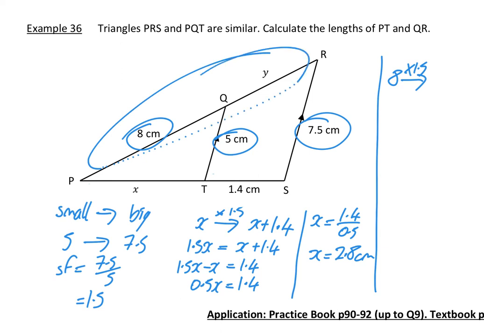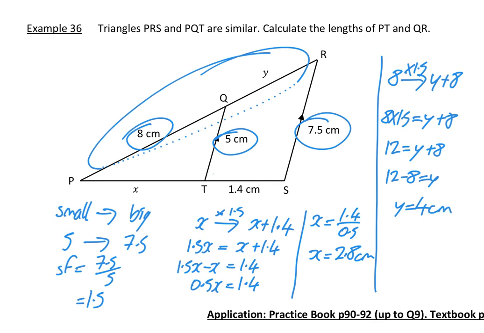So it becomes Y plus 8. So you could really say 8 times 1.5 is equal to Y plus 8. 8 times 1.5 would be 12, is equal to Y plus 8. Then 12 minus 8 is equal to Y. So Y is equal to 4 centimeters, and that is us done.